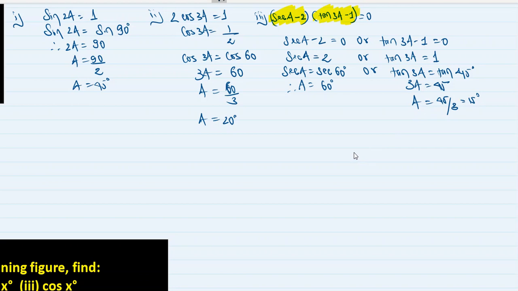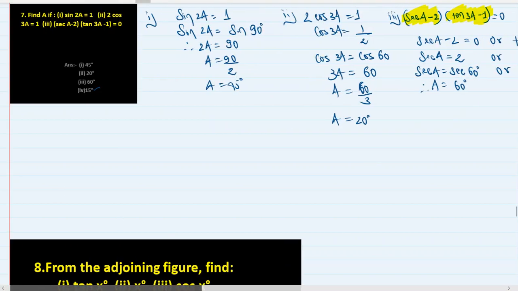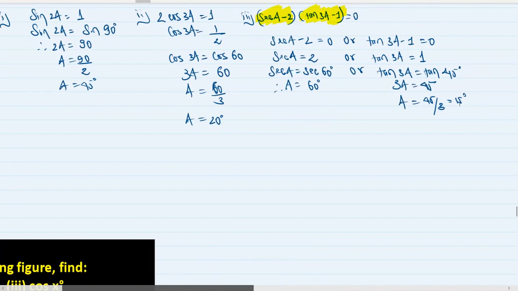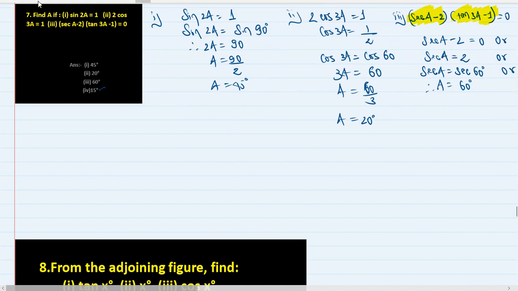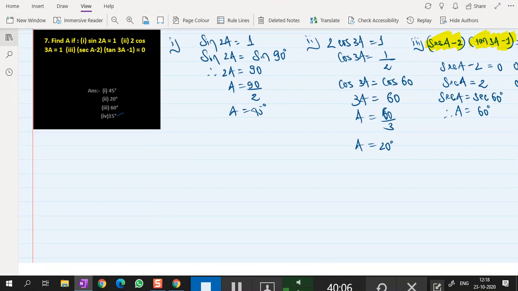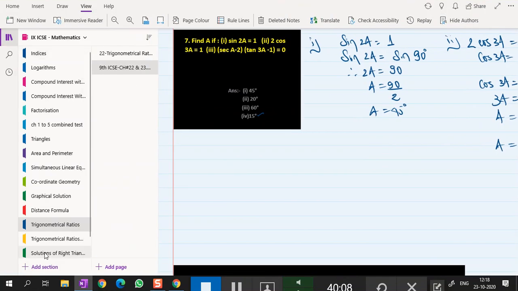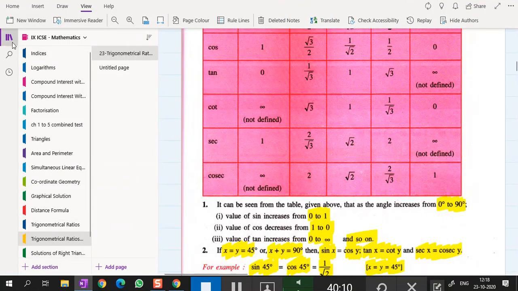So A is 60 degrees or 15 degrees. That's two answers we are getting, 60 or 15. Here there is only one answer given, but actually the answers are two. And the fourth question is not given here. Let's check it out in the textbook.